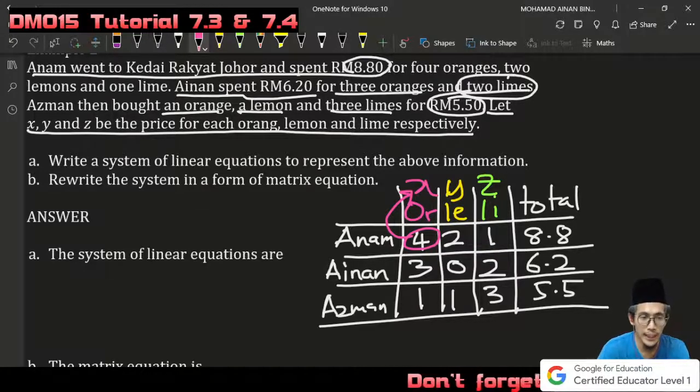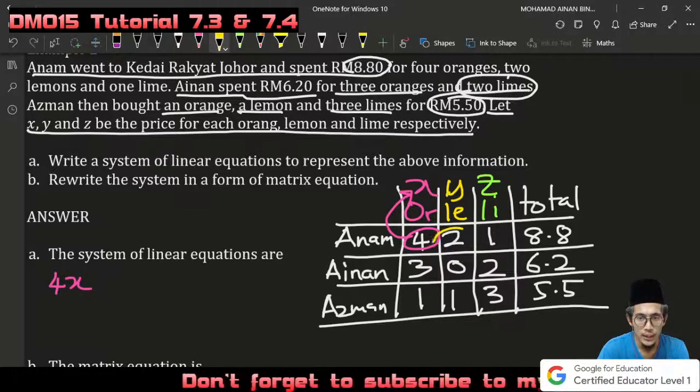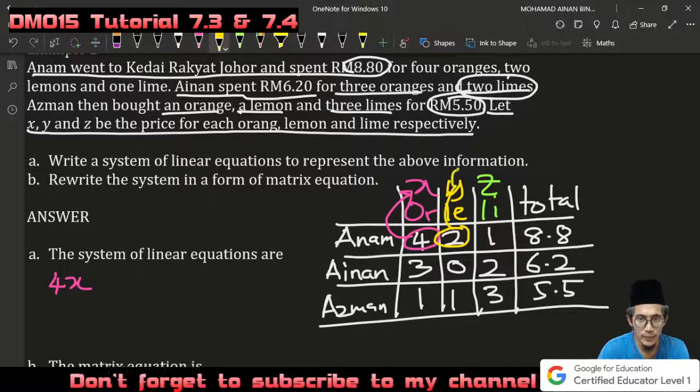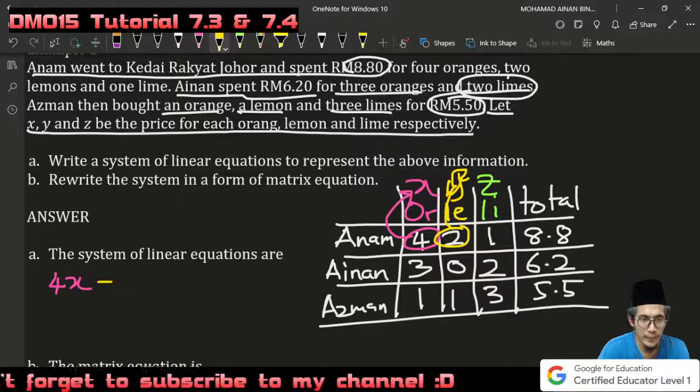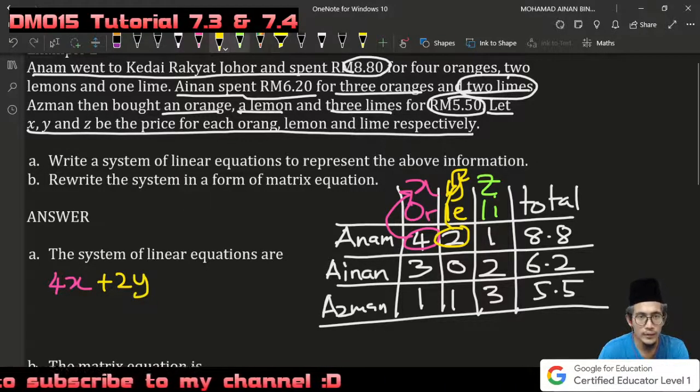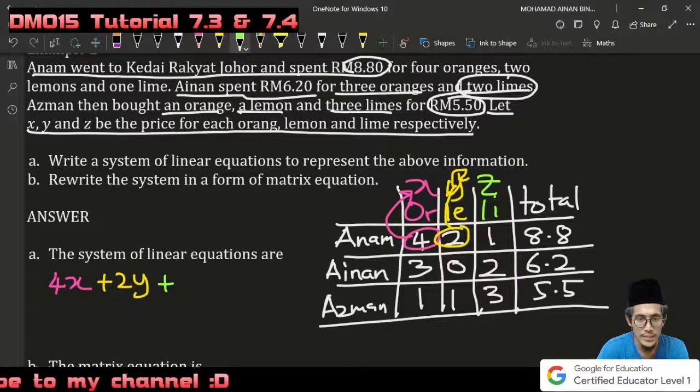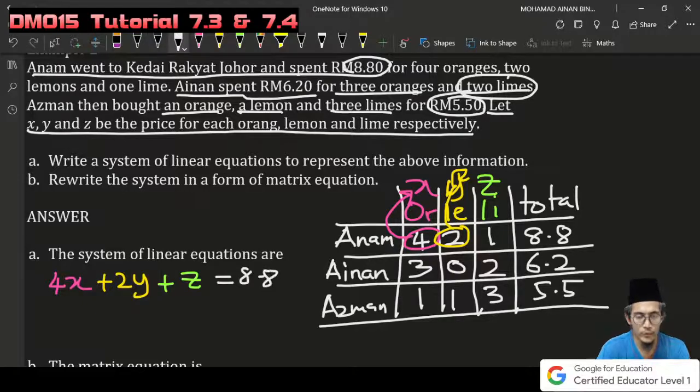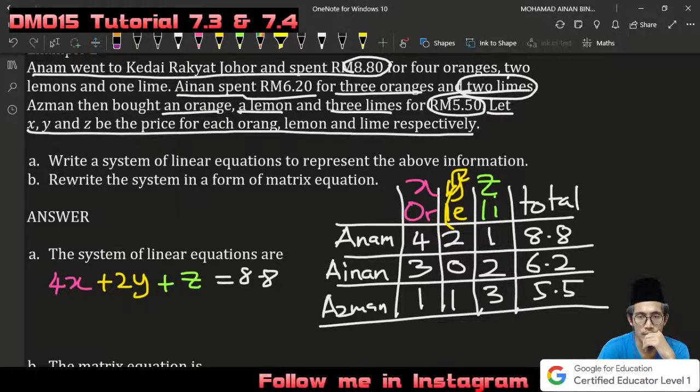For example, 4x plus 2y plus 1z equals 8.8. Okay, I'll erase that so that you don't copy directly.